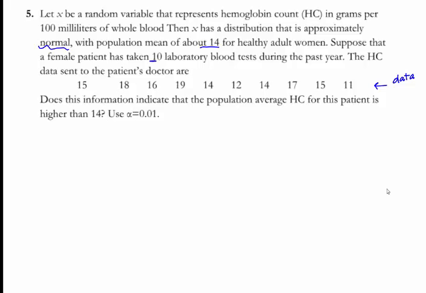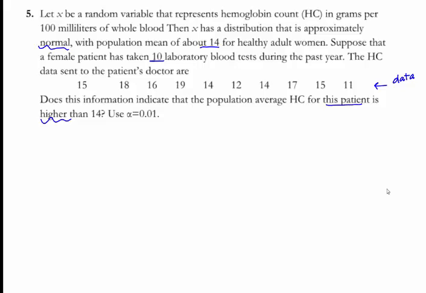The patient has taken 10 laboratory blood tests during the past year. The results are here. And the thing we want to test is whether the population average hemoglobin count for this particular patient is more than 14 at a level of significance of alpha equals 0.01.